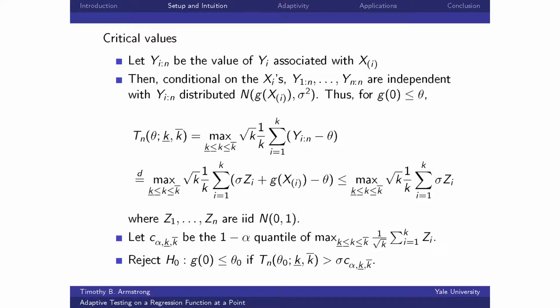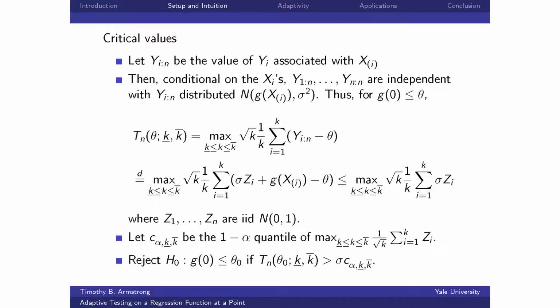Once we condition on all the x's, y_i conditioned on all the x's is distributed normal with mean g(x_i) and sigma squared. So we can just replace these with sigma times a normal 0, 1 random variable plus its mean g(x_i).